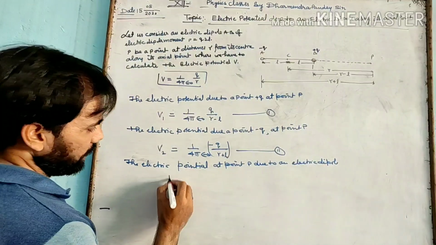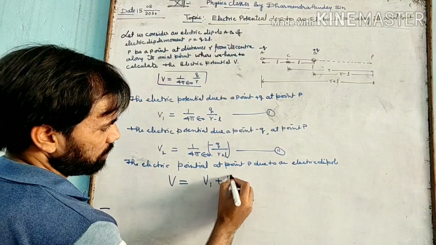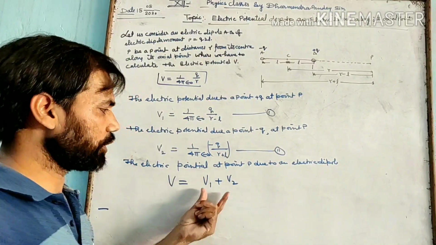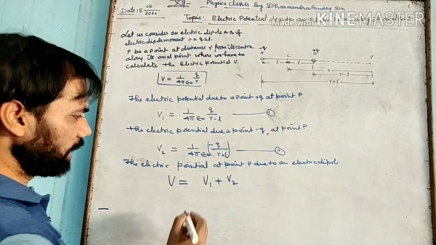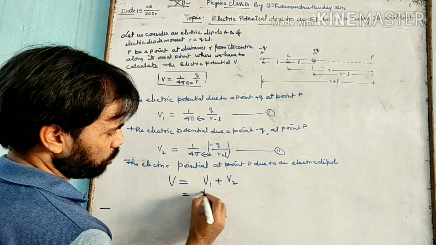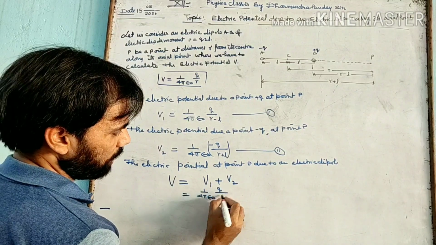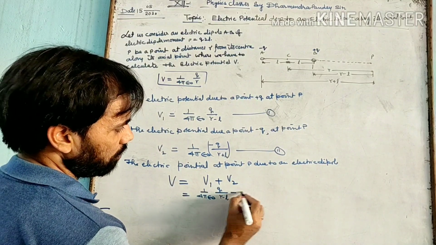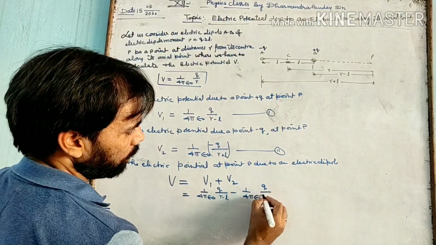So let this be V, and this is nothing but V1 plus V2. This is the algebraic sum of the potentials due to individual point charges, and if we write it, it comes out to be 1 upon 4 pi epsilon 0 times q upon r minus L, minus 1 upon 4 pi epsilon 0 times q upon r plus L.